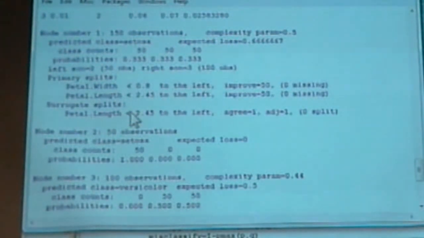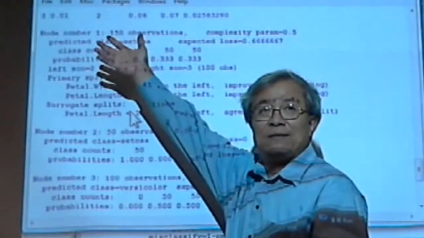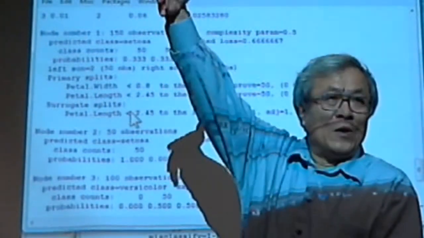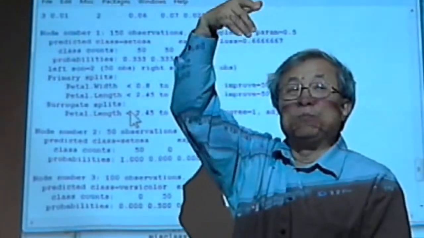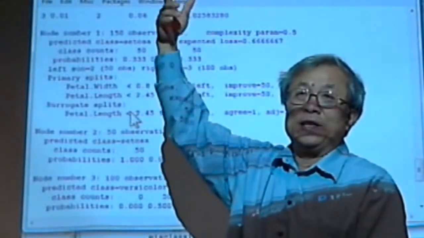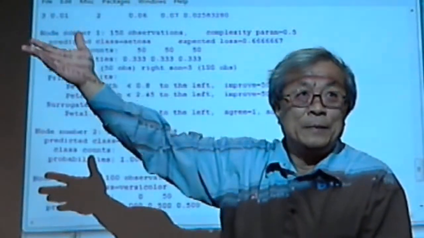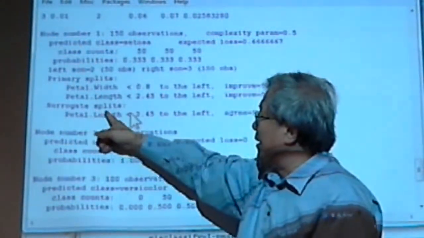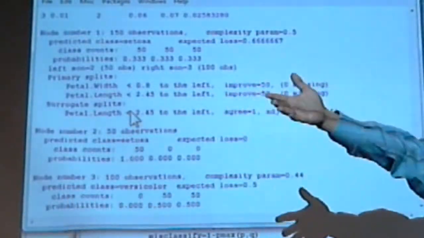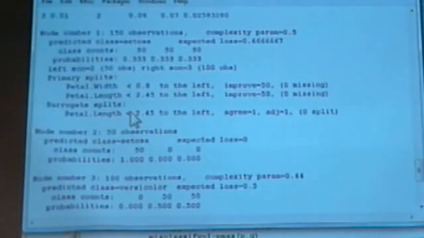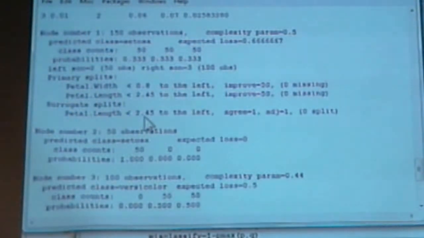If the current splitting variable is missing, there's no way you can tell whether it goes to the left child or right child when you split. So they use the so-called surrogate split, and usually the surrogate split occurs on another variable. So you can see that, naturally, petal length less than 2.45 would be the natural surrogate split for that.